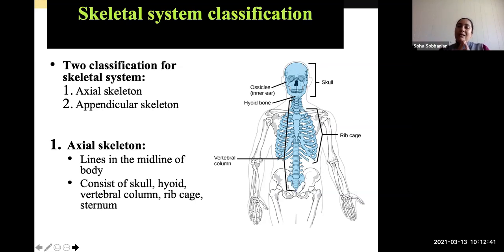Now, every bone that is coming off of this axial skeleton is identified as the appendicular skeleton. Appendicular comes from the word appendix, which means extra or added on. So the appendicular skeleton refers to the shoulders, your arms, your hip bone, and your legs.